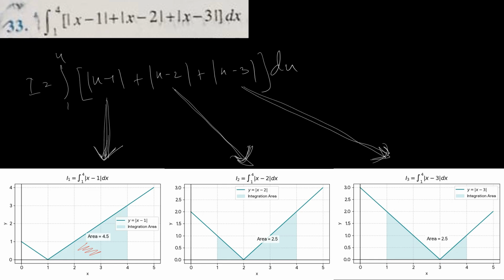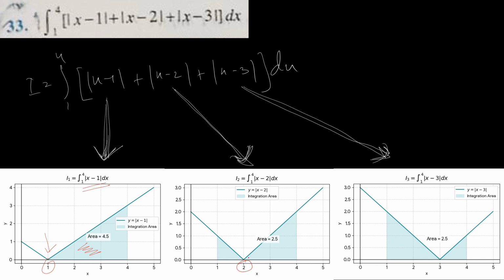So here the vertex is at 3, and in the first graph the vertex is at 1, that is at x equals 1. At x equals 1, this function x minus 1 will be 0.